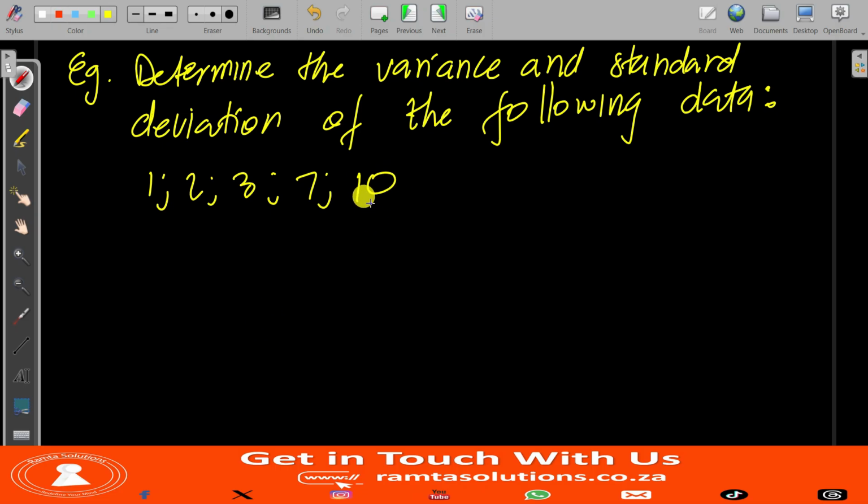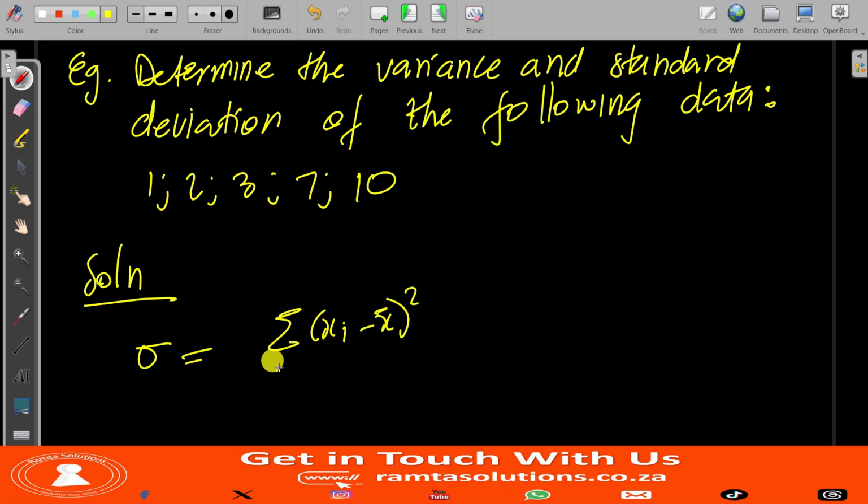Now, I may need to go to the next page. I need you guys to see this. We're going to draw a table, remembering the formulas. So in our solution, I need you guys to remember this formula for standard deviation.